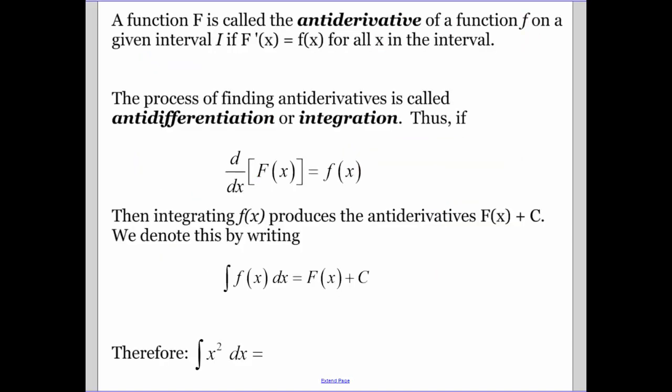A function f is called the antiderivative on an interval if when I take the derivative of my function, I get my derivative out. Or, now going backwards, this is where the integral comes in, the sum we've been talking about. We integrate the derivative to get out the antiderivative.